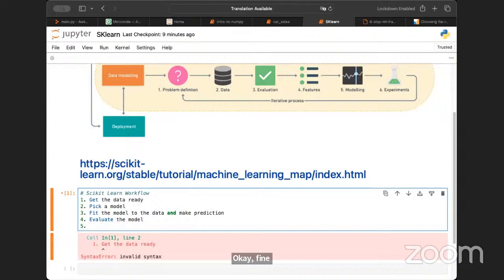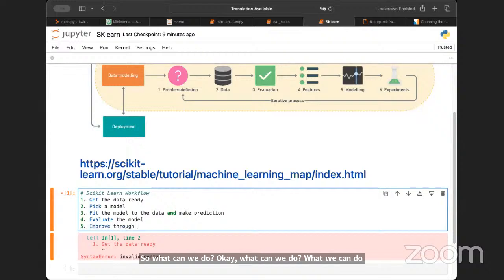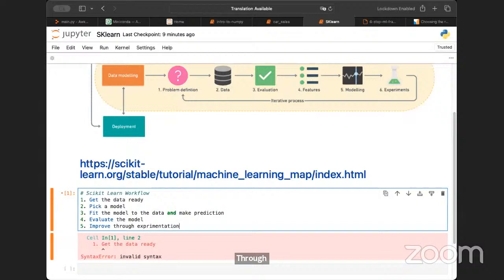Now maybe you're not getting the right predictions. Your estimations are coming out wrong. Maybe we tried to get something, but the estimations are all off the charts and it doesn't help us. So what can we do? What we can do is improve through experimentation. Hence, we can try some other model.